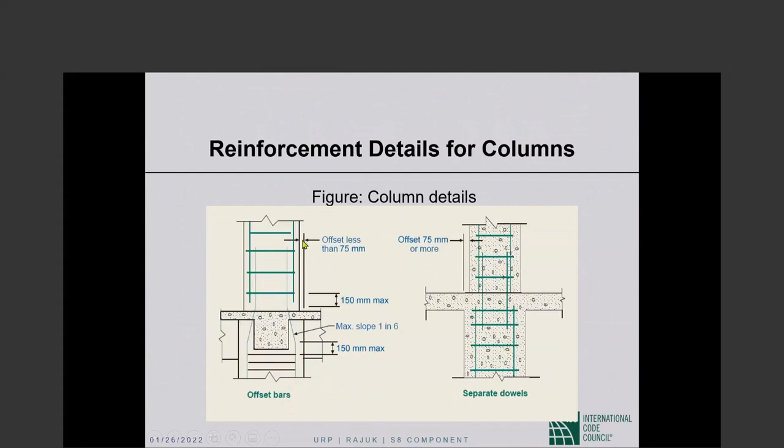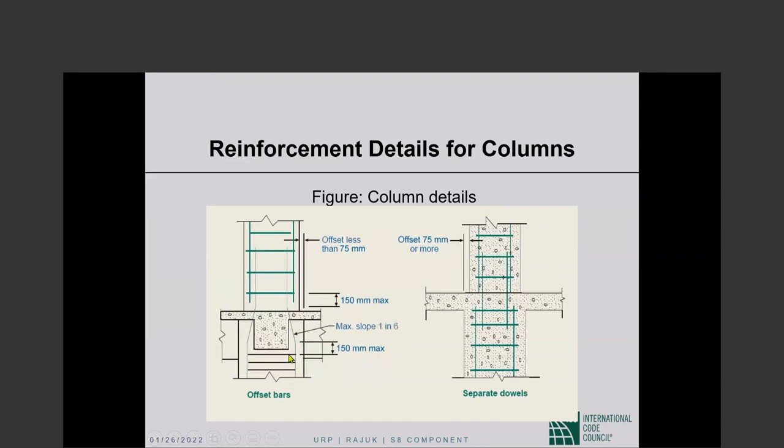If this offset, the distance from the face of the lower column to the face of the upper column, is less than 3 inches, then you can bend the bar in the lower column into the bar in the upper column. So that kind of a bend is allowed, provided the offset is no more than 3 inches.